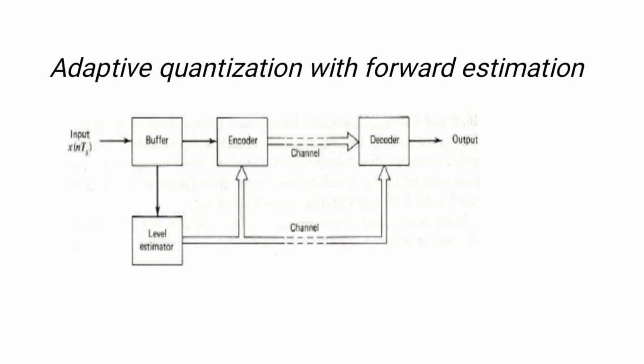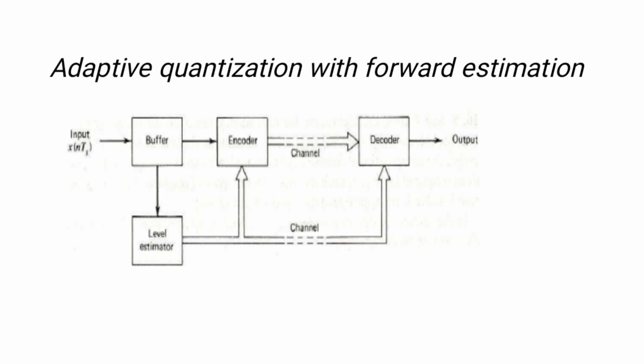You must clearly understand that. Forward estimation means there is no feedback. A simple thing, there is no feedback. Whatever signal comes through the input is buffered and given to the level estimator, and that level estimator gives the particular values.